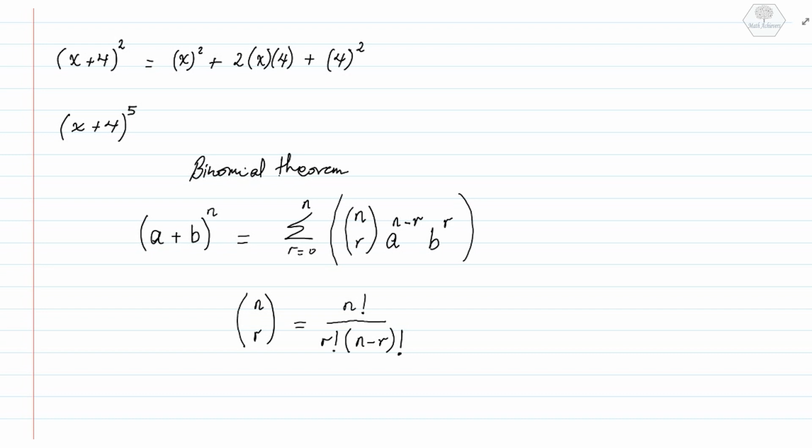Factorial means, for example, 3 factorial is equal to 3 times 2 times 1. 5 factorial is equal to 5 times 4 times 3 times 2 times 1.